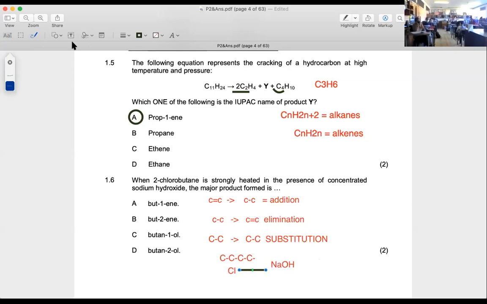So then we know that what is going to be formed is NaCl.